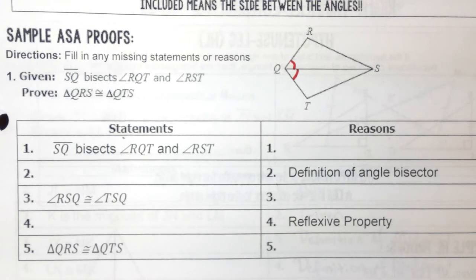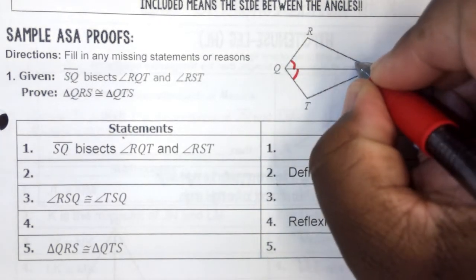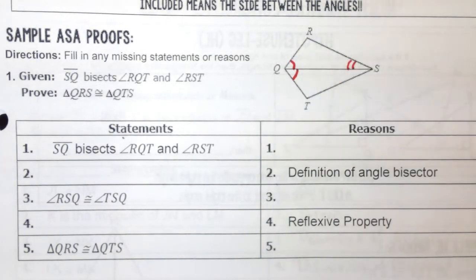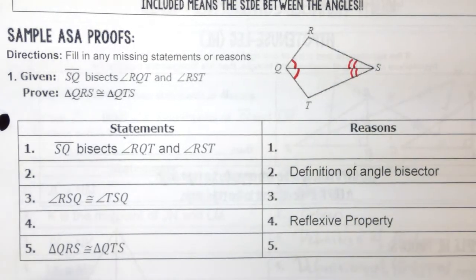Say it louder. Say it to them. She said RSQ and TSQ would have to be congruent if SQ bisects angle RST as well.